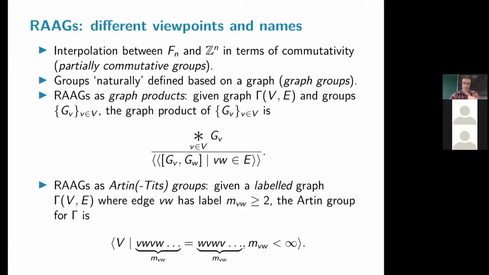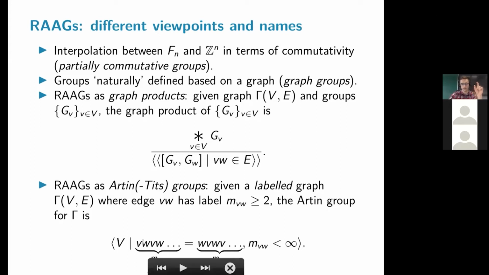And then using this labeled graph, we can construct an Artin group with the following presentation. So you take as generating set just V, and as relations, you take alternating words in the letters V and W, starting with V, and the number of letters you use is equal to the label of the edge you were using if the edge label is not infinite.